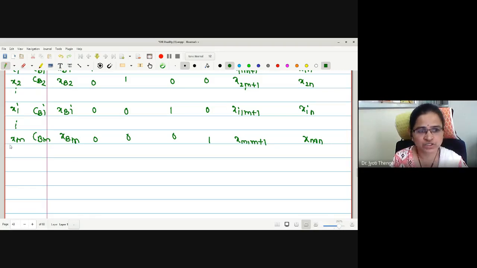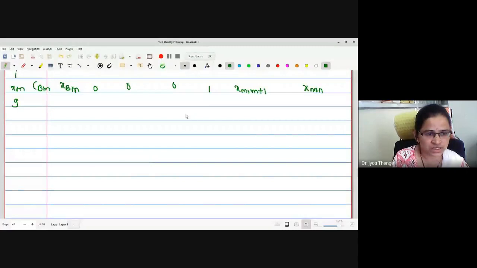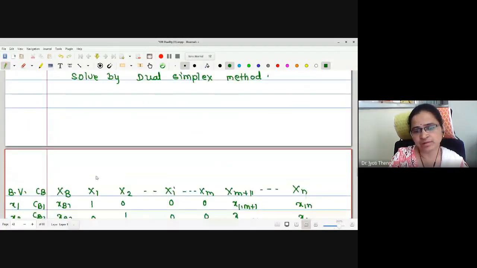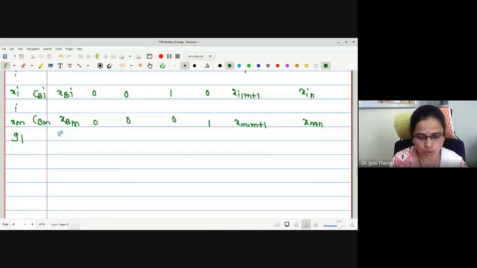Now we were going to add this as the last row. Okay, let me just add it. What is the variable? Suppose we were adding the first constraint instead of gi. Let me put it as the first added constraint, right? Therefore, what is this equation? Is it g1? Correct? No. The added variable will become the basic variable. Therefore, this will be gm. What is the cost?